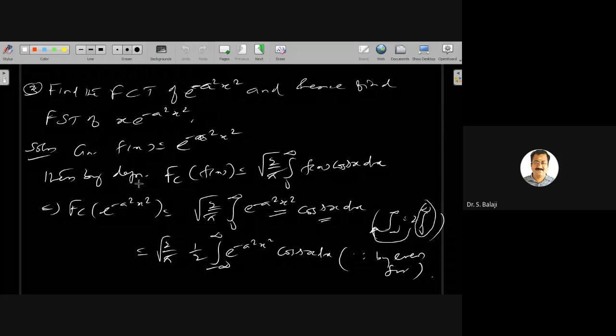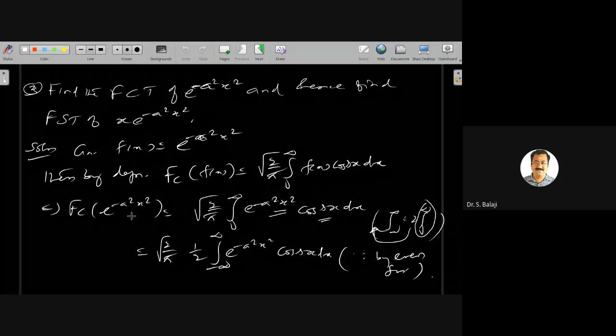Then by definition, the Fourier cosine transform of f of x equals square root of 2 by pi, integral 0 to infinity f of x cos sx dx.